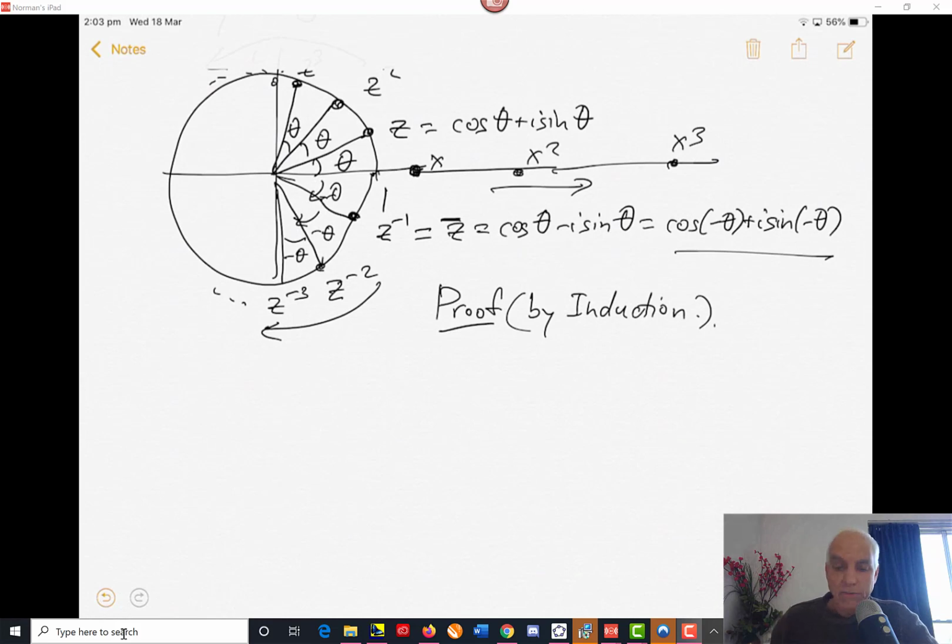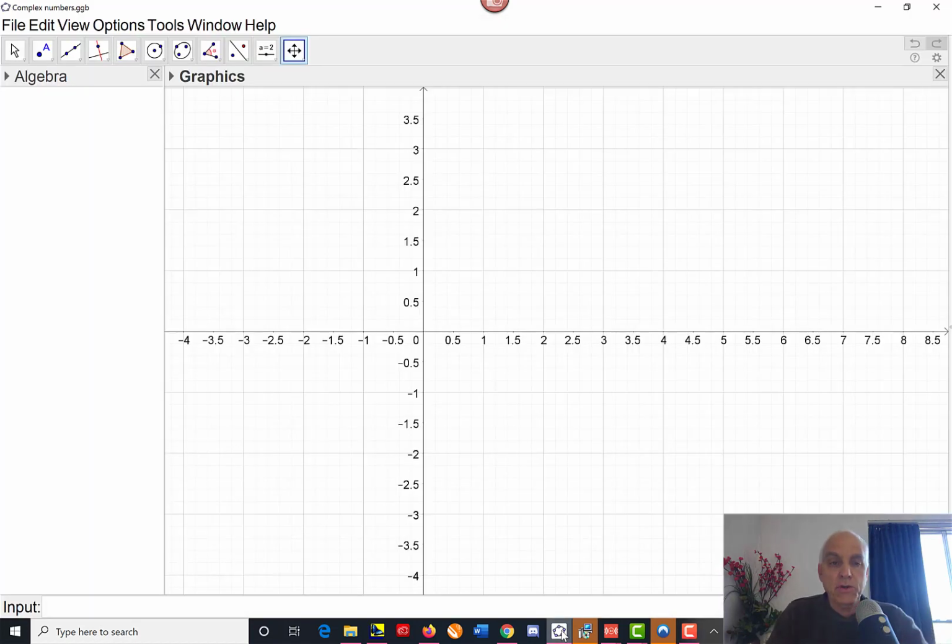But before I do that, I might shift gears just a little bit and show you a little bit about GeoGebra, which is kind of fun. GeoGebra is a dynamic geometry package that allows us to visualize geometrical things.